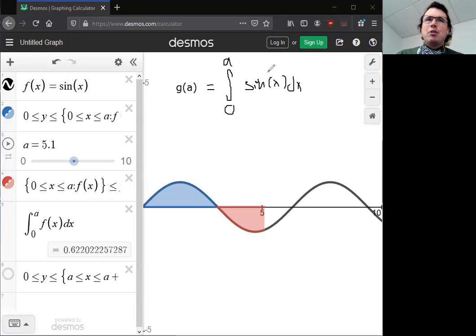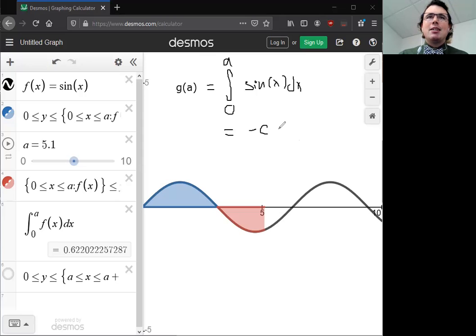So even though an integral is a fairly complicated thing, an integral is a set of instructions for calculating a number. Different value of a, different number is my output. So this really is a function. Maybe we'd feel a little bit more comfortable about this if I wrote this using the evaluation theorem.